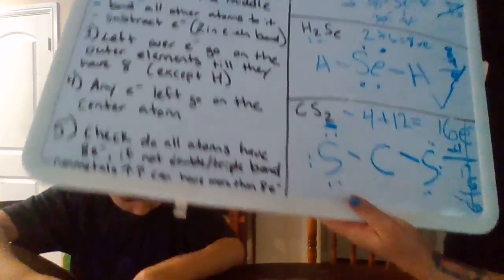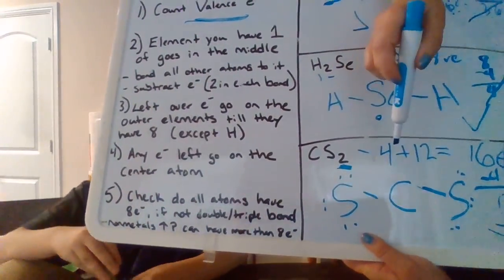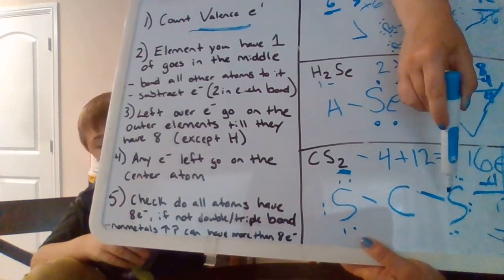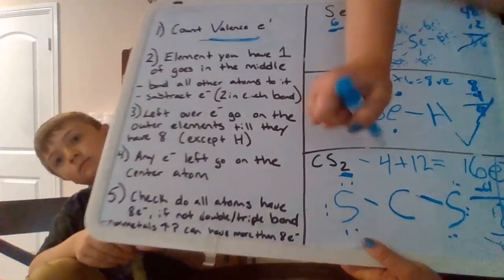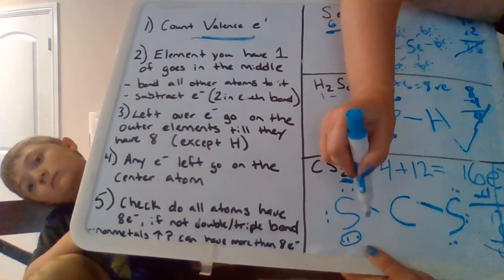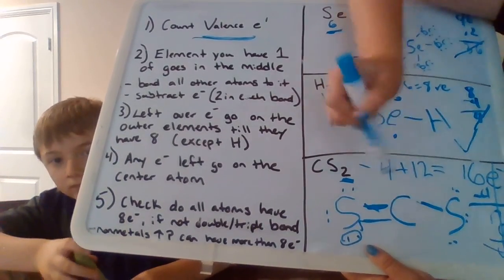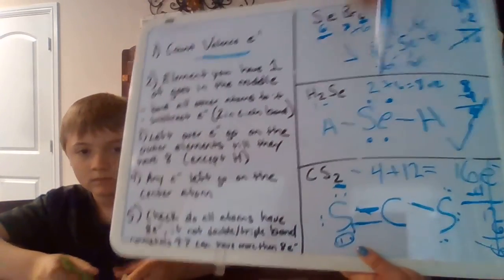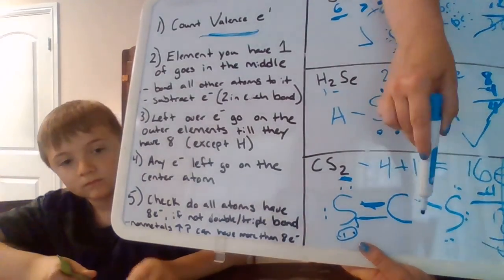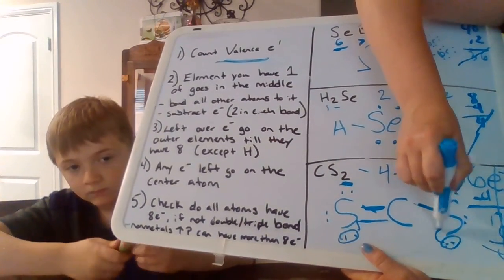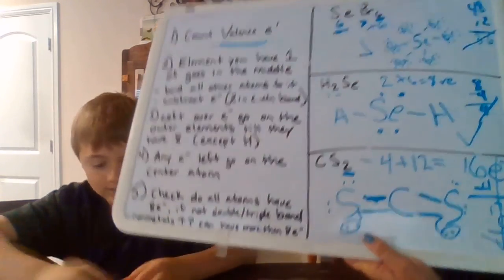So this is something you can see in your notes in more detail, but it's called a double bond. If it only has 1, 2, 3, 4, it needs 4 more. So I'm going to steal electrons from sulfur and make him share double. So now they're going to have a double bond with each other. That makes carbon have 1, 2, 3, 4, 5, 6. Still not happy. So he's going to steal from the other sulfur and make him share those electrons as well.